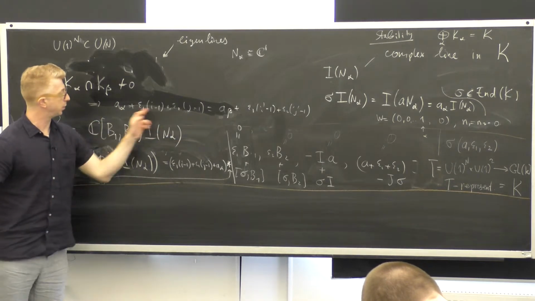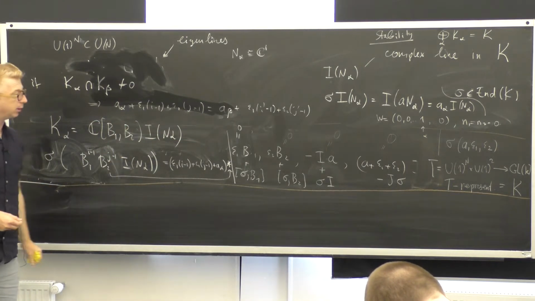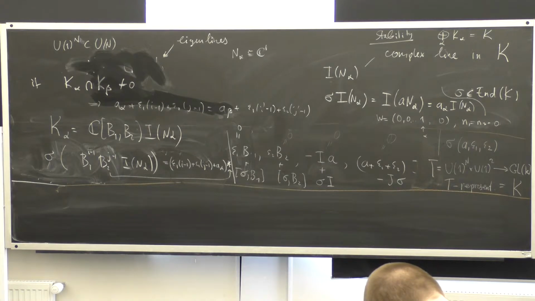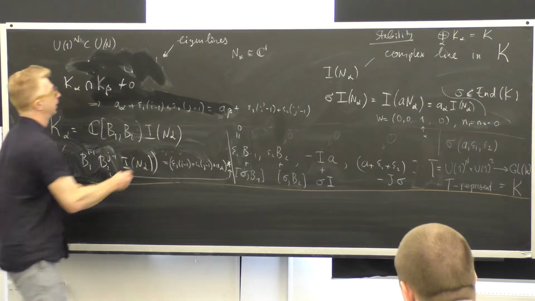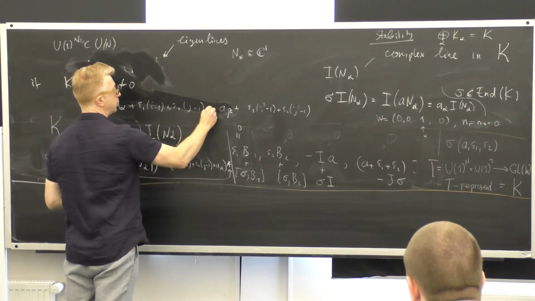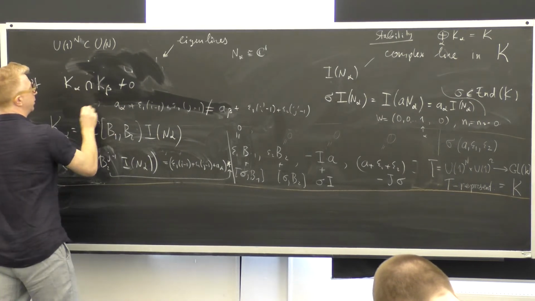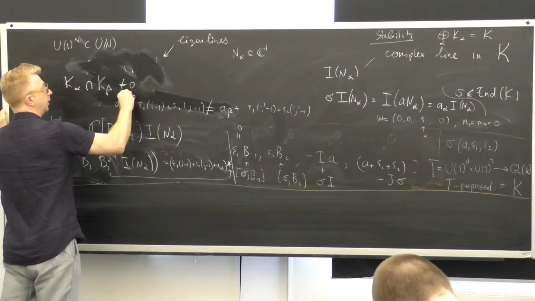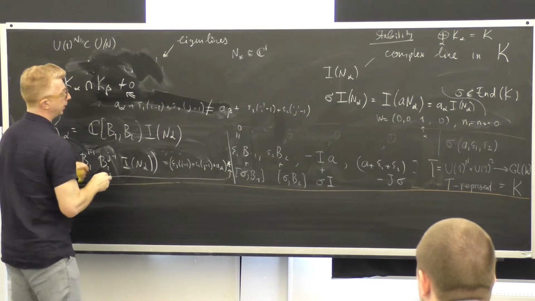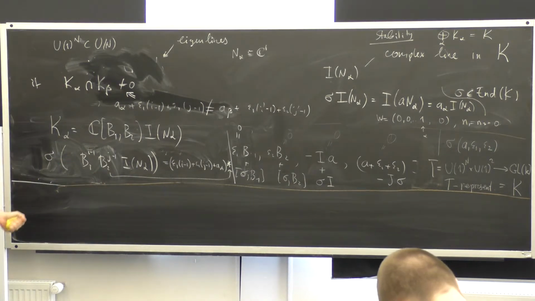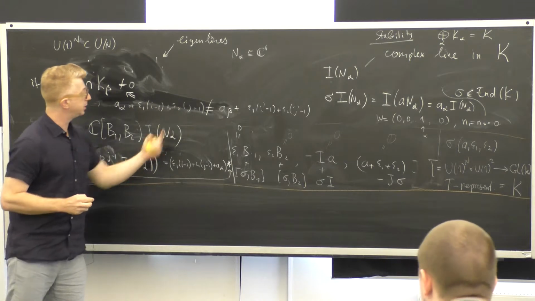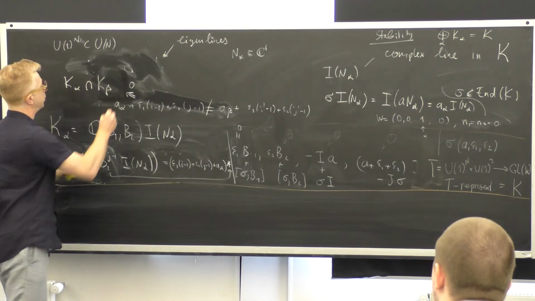And as long as I'm keeping my a's generic, which means I'm acting with the full n-dimensional torus, I do not allow that. And so it follows from the fact that these eigenvalues are all distinct that the spaces do not intersect.